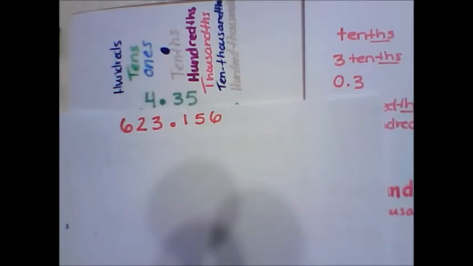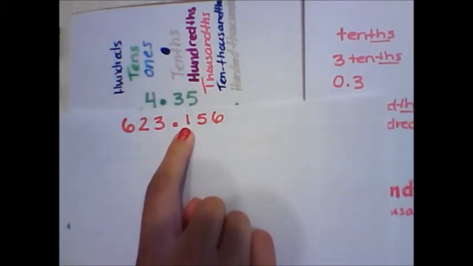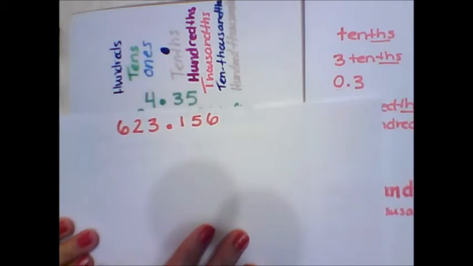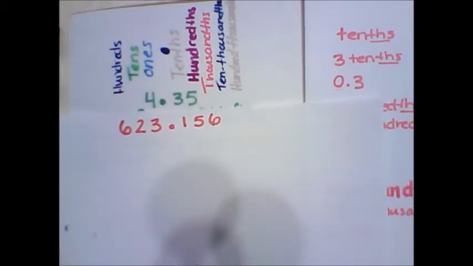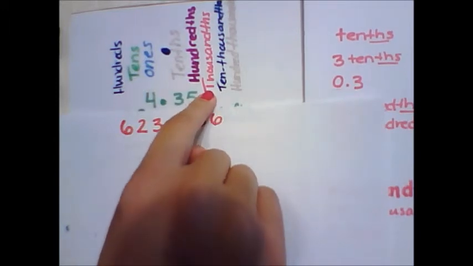Let's see if you can quiz yourself here. What number is in the tenths place? The answer is 1. 1 is in the tenths place. What number is in the thousandths place? The answer is 6. 6 is in the thousandths place.